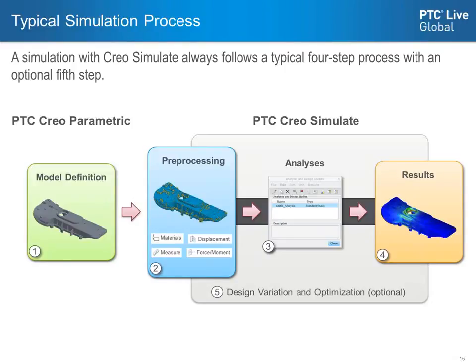This looks at understanding the results, and then based on a range, being able to put these design variables in, and then have the system optimize it to minimize the given stress in the model, or minimize the displacement. Minimize something where your model will have those dimensions change and meet the needs of the goal, in this case minimizing the stress or minimizing the deformation. We'll take a look at that in an example as well.